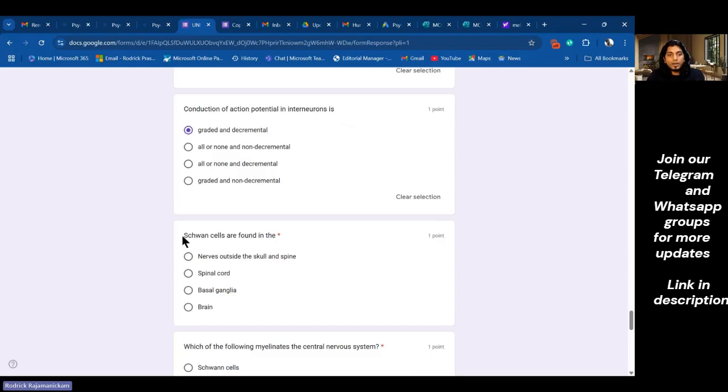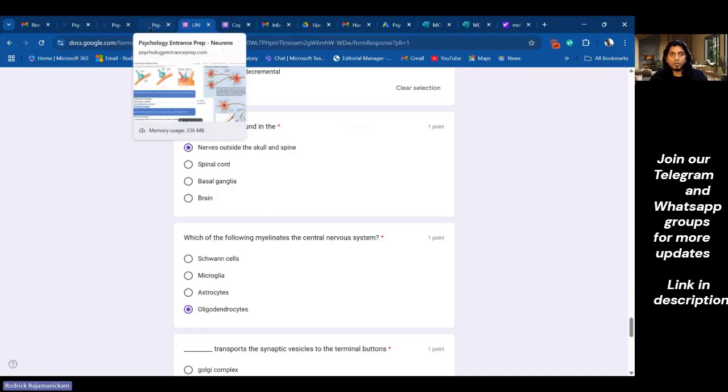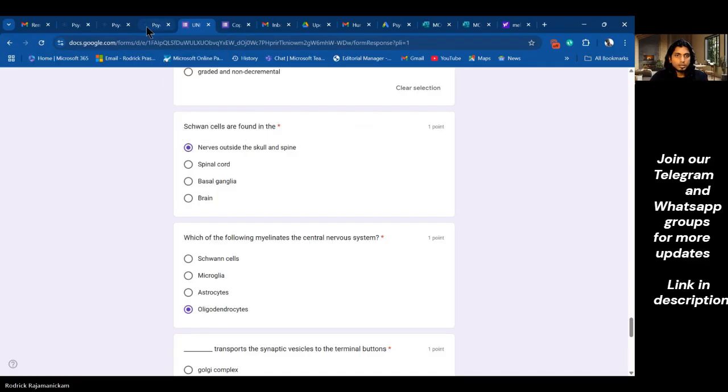Now we have Schwann cells, which are glial cells. They are present in the peripheral nervous system, and they cover the nerves with a myelin sheath, not in the brain or the spinal cord. Similarly, in the central nervous system, we have oligodendrocytes, which are shaped kind of like a star.